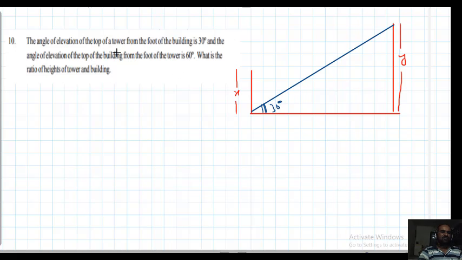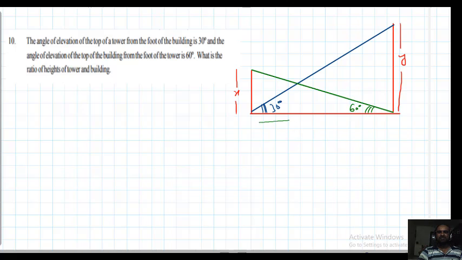The angle of elevation of the top of the building from the foot of the tower is again 60 degrees. Then find the ratio of heights.